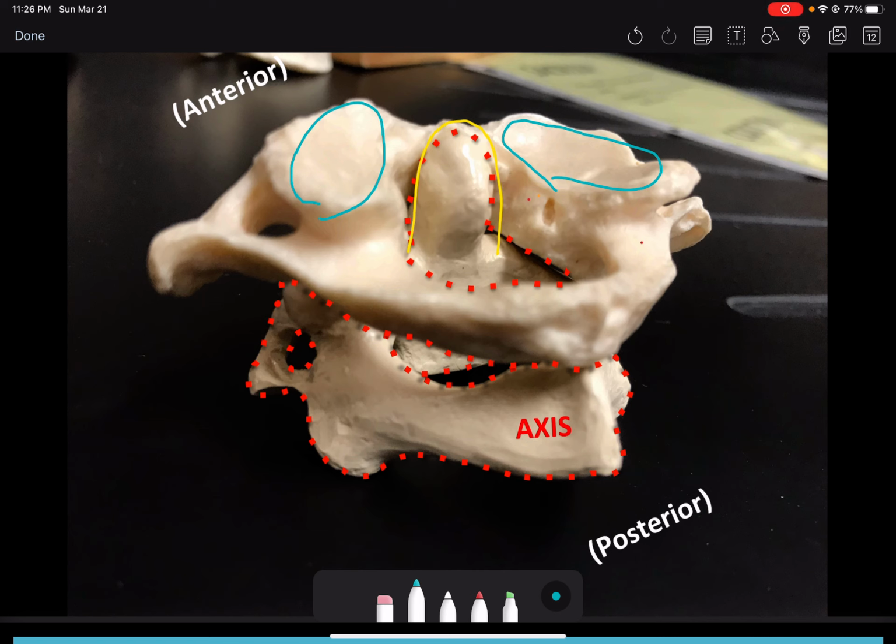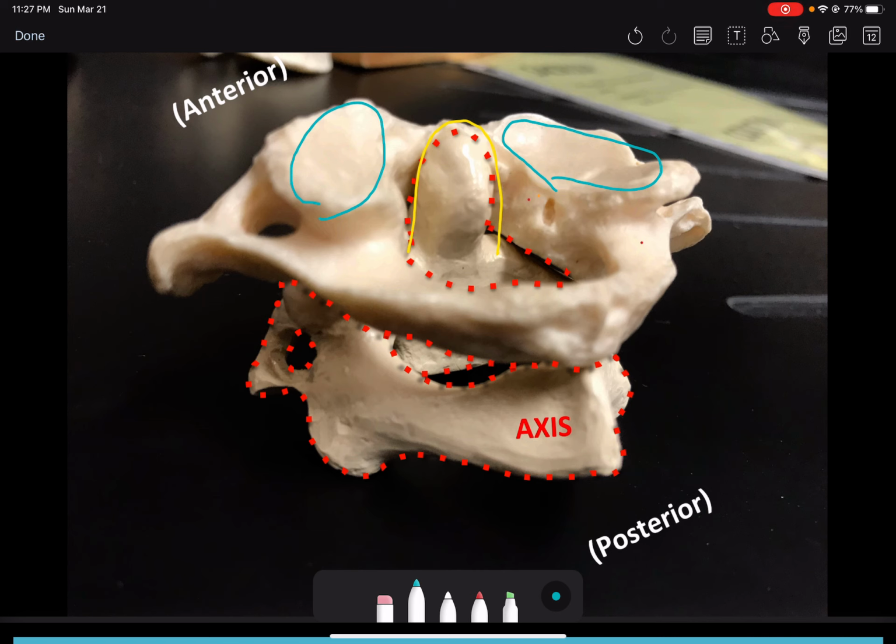And as those occipital condyles articulate with this atlas, movement upon these joints is going to allow you to nod your head in order to say yes.